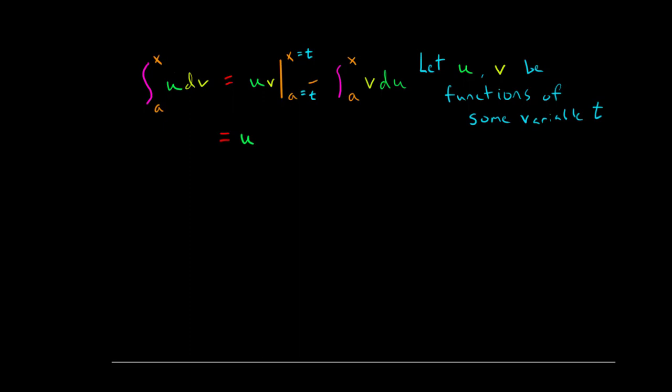So the expression, integral x to a of u dv, equals u of t times v of t first evaluated at t equals x, and then at t equals a, minus the integral from x to a of v du.